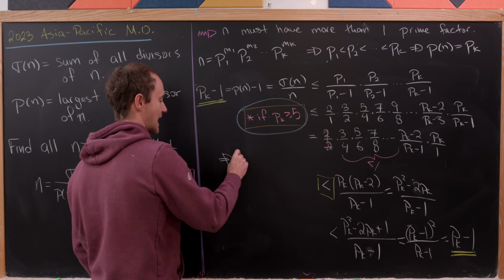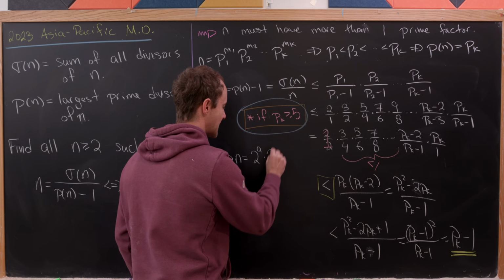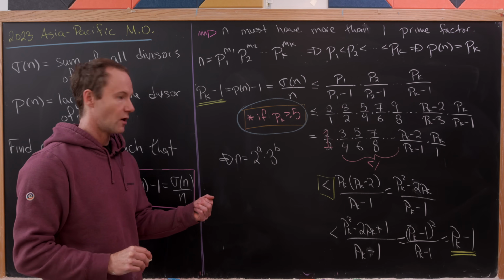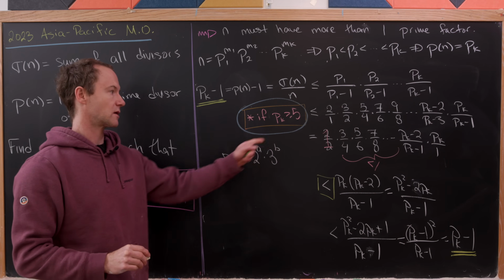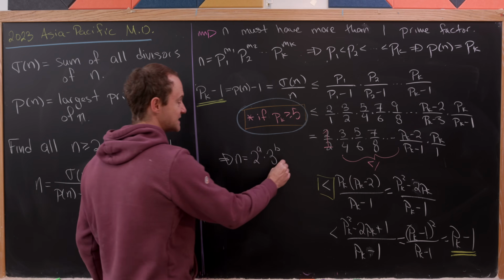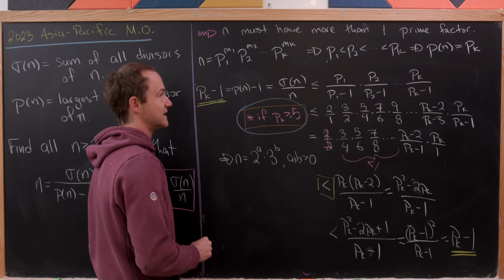But that means that our number n is simply of the form 2 to the a times 3 to the b. That's going to be the product of all primes smaller than 5, with some exponents there. And then let's observe also that a and b are strictly bigger than 0.